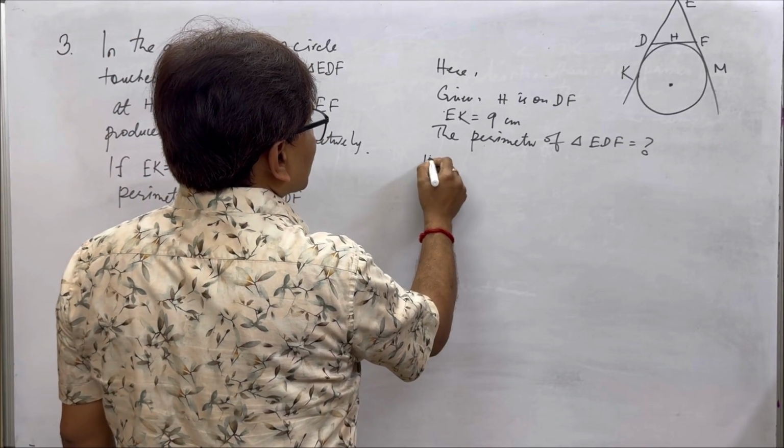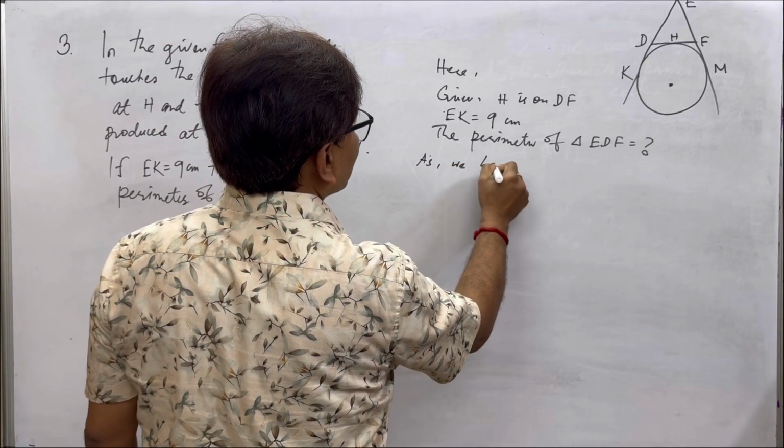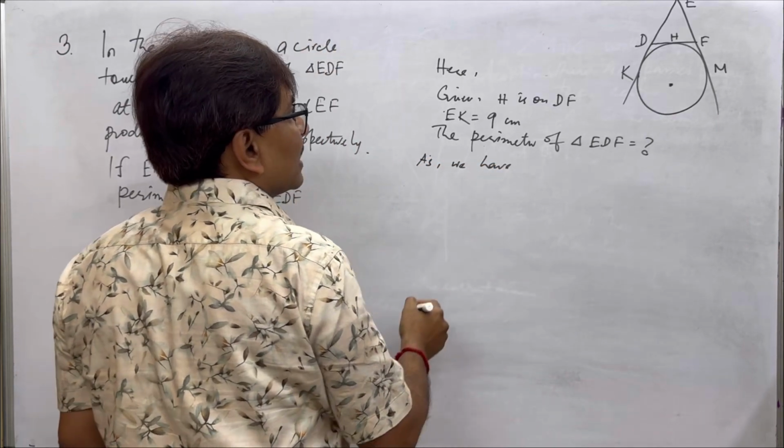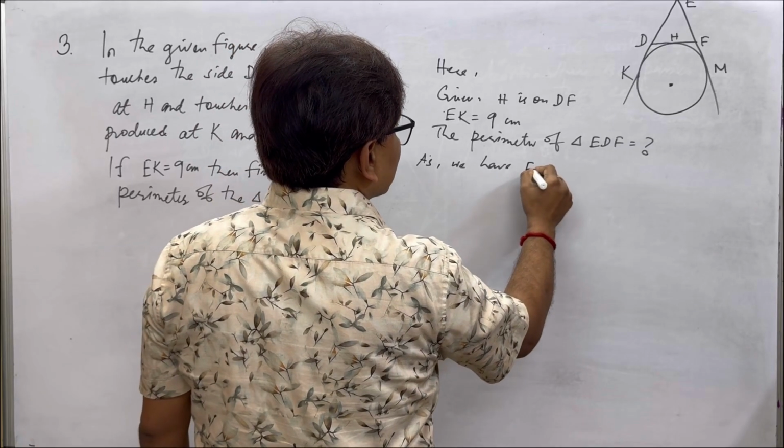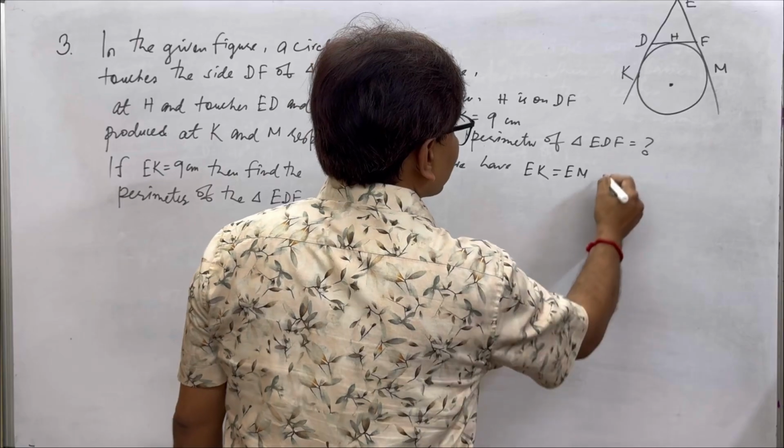Here, what do we have? EK equals EM. Why?